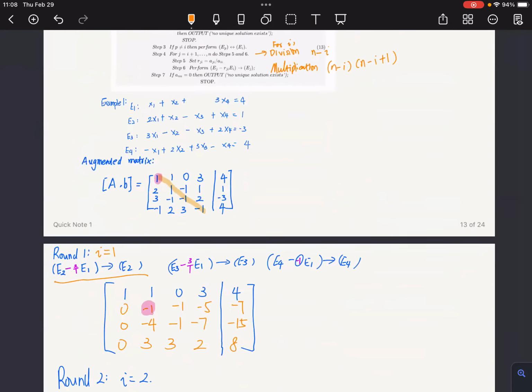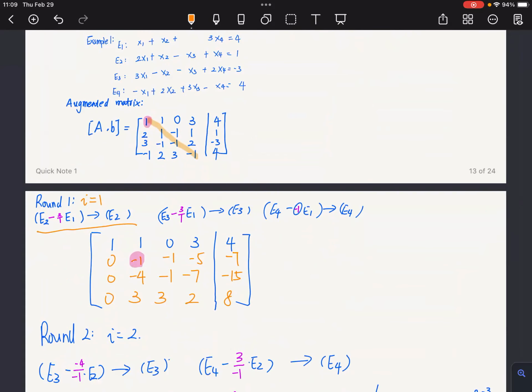Take this example: for i equals 1, how many multiplications do you do for row 2? You do a multiplication for each element, so it should be n minus i plus 1. And for this one, you have n minus i plus 1 as well.